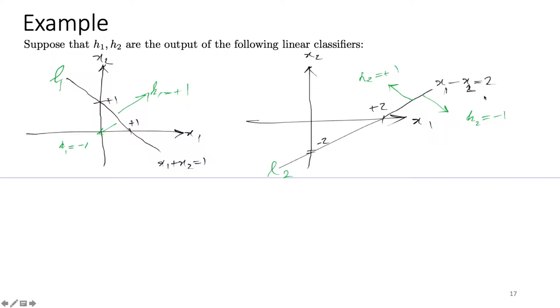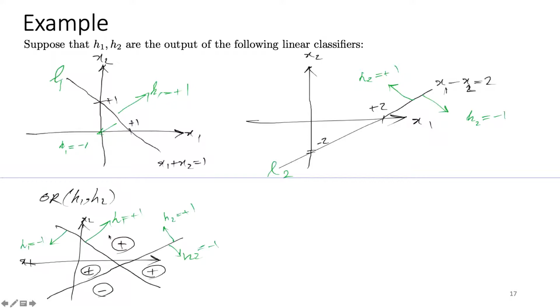Okay? So now we use these two lines, and we are interested in forming this. If we want to make an OR of H1, H2, right? If we stack them up as follows, the first line, which was going +1 and -1 there, and a second one, which goes +1 and -1 over there, we can combine it just like what we saw before.